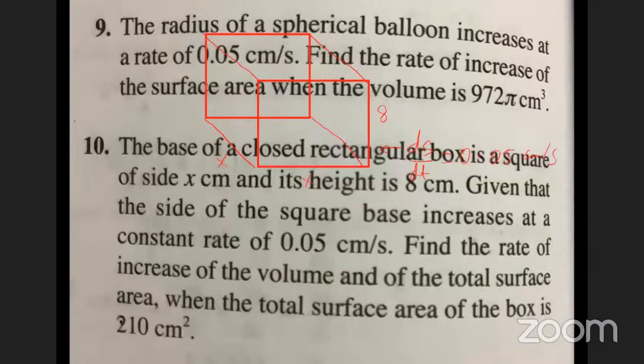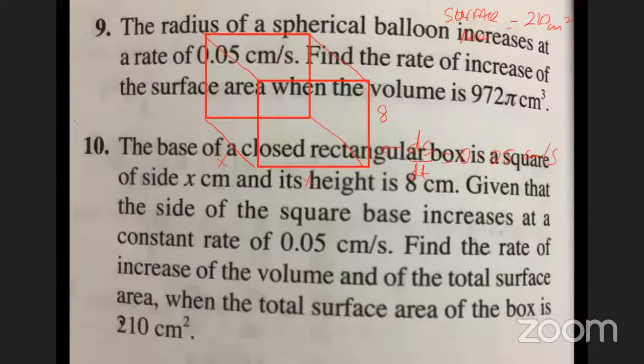Find the rate of increase of the volume, and next part, total surface area when the area of the box is 210. So they said that the surface area is equal to 210 centimeters squared.